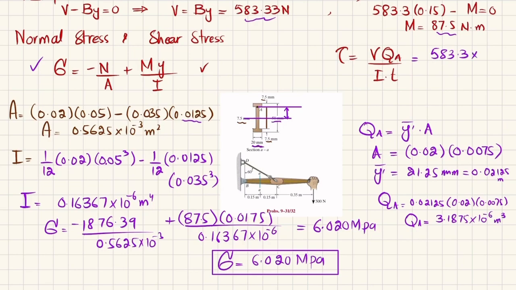So put the value 3.187 into 10 raised to the power minus 6 divided by I, and I is this one, 0.16367 into 10 raised to the power minus 6. And what about t? So t is this thickness, which you can see is 7.5, and 7.5 millimeter in meter is 0.0075. So when you calculate it, you will get the shearing stress at point A comes out to be 1.515 megapascal.